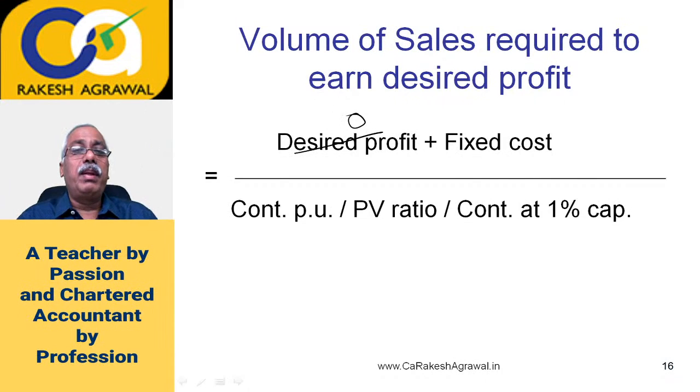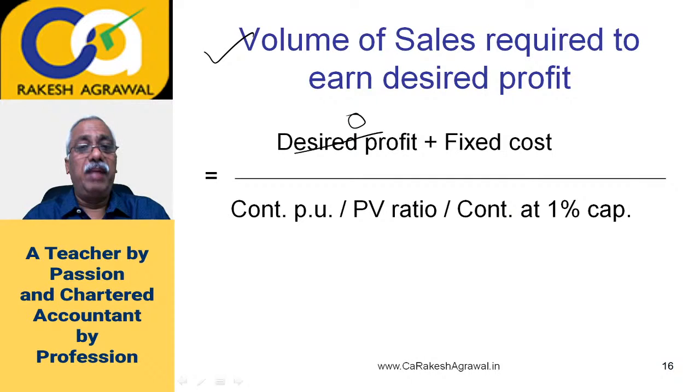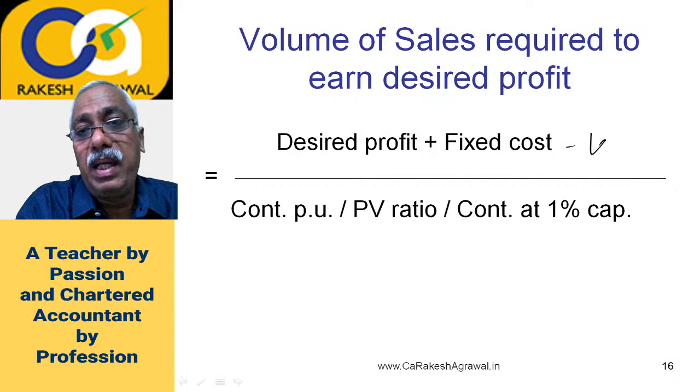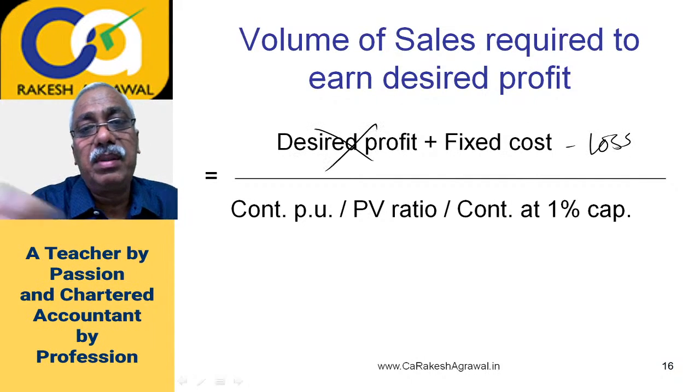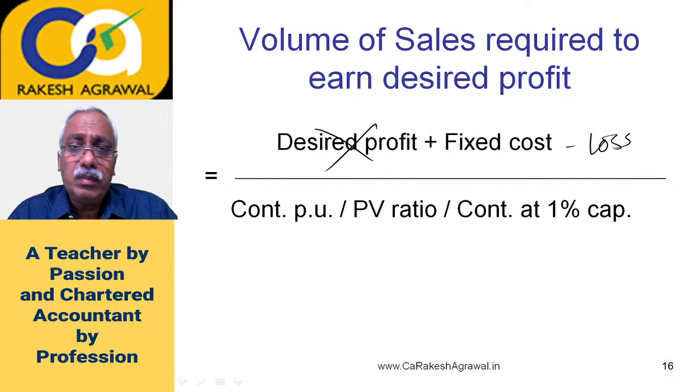It means the numerator will become only fixed cost. Fixed cost divided by these 3 was the formula of BEP. Now add fixed cost plus desired profit, you will get this formula. And if there is a loss, then fixed cost minus loss, because loss is negative, again divided by these 3. You will get the same thing if there is an expected loss. So the logic of the formula is the same. The numerator is nothing but your desired contribution.